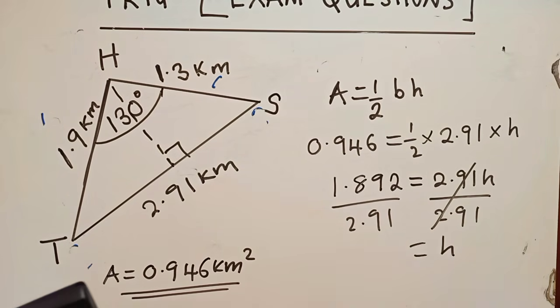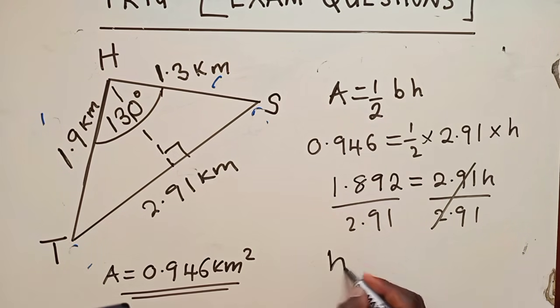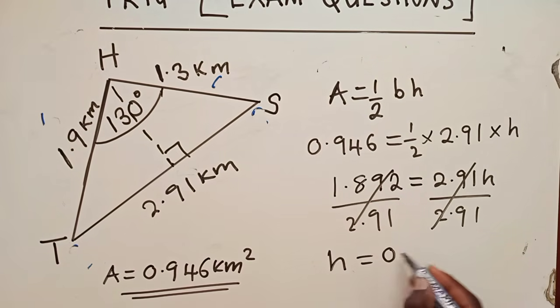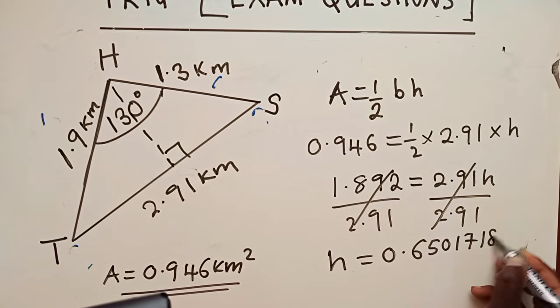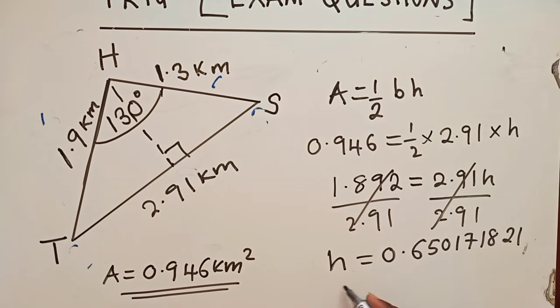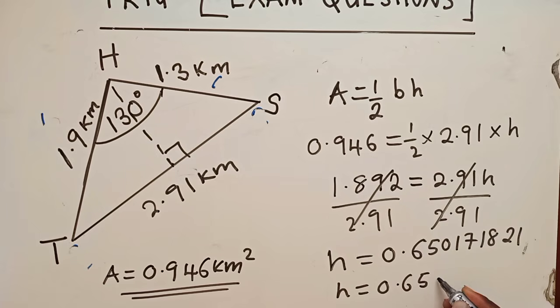And we divide this side. H is equal to 0.650171821, or h is equal to 0.65 kilometers. So this is the shortest distance.